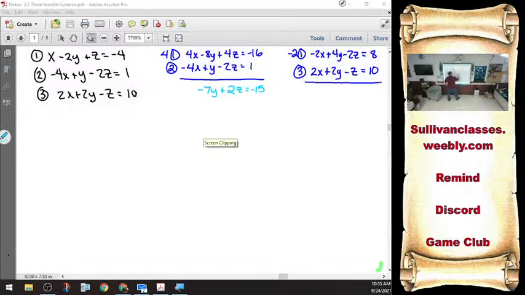X's cancel. 6y minus 3z is 18. Same ones we got last time, right?